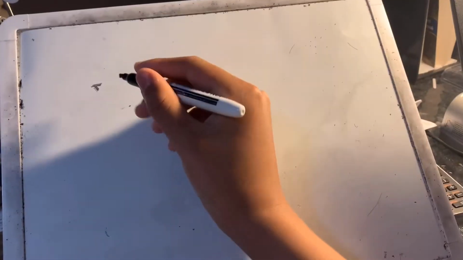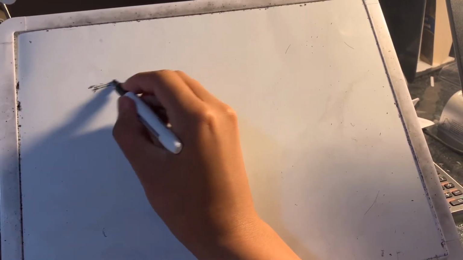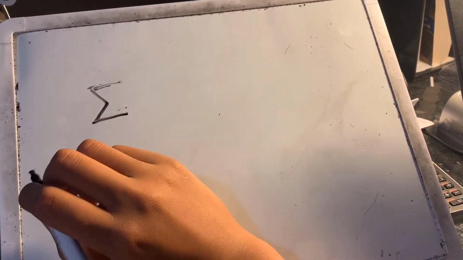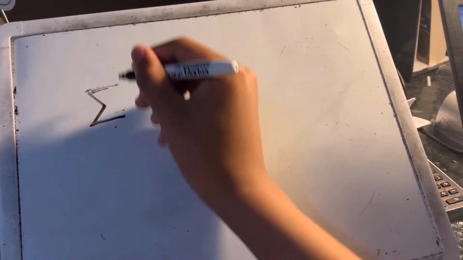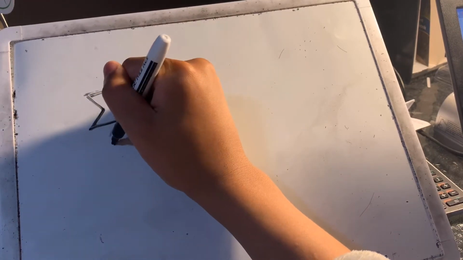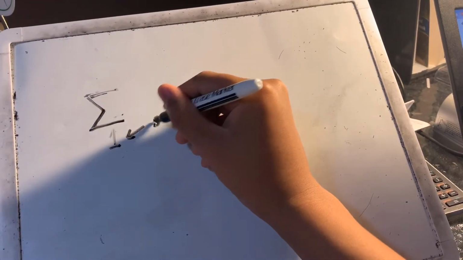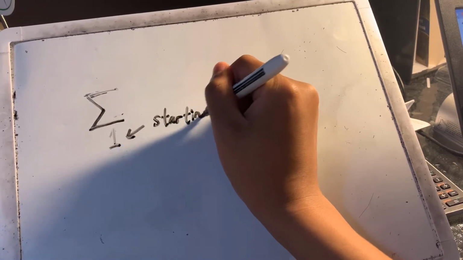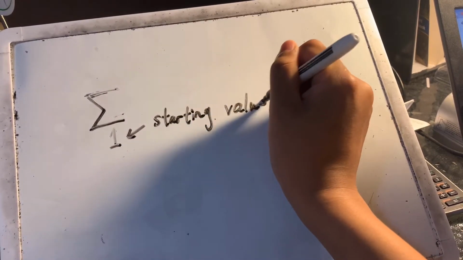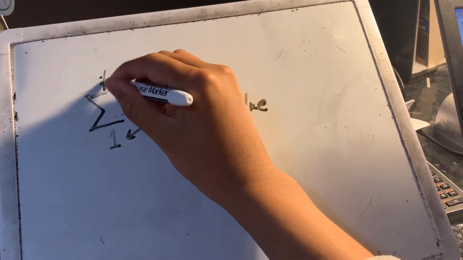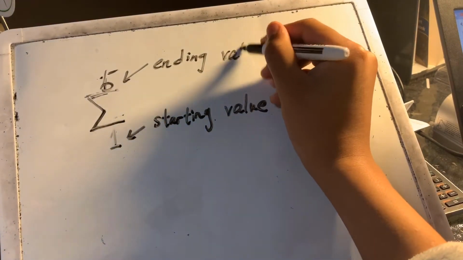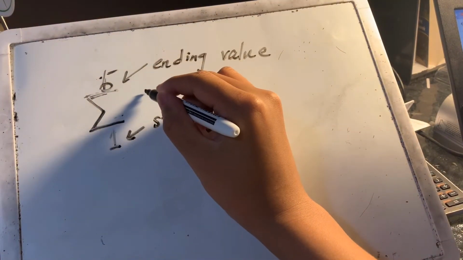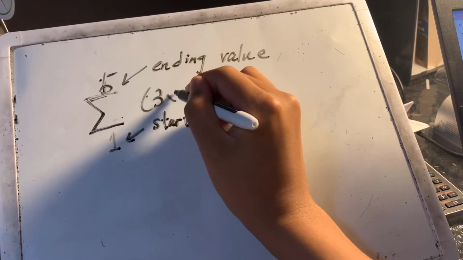So, first we need to talk about the basic thing, which is what this is. This is called sigma notation. This is the starting value, and this is the ending value, and this is the equation.